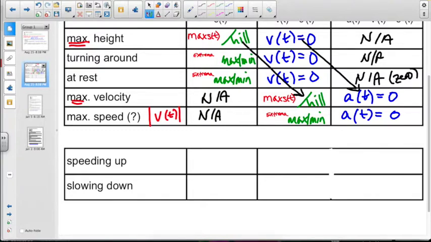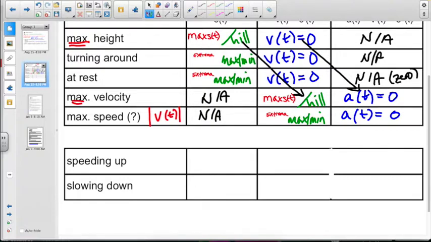Speeding up means what? What does it mean on your speedometer? Speeding up means your speedometer is going which way? Are you going from 0 to 60 or 60 to 0 on your speedometer?